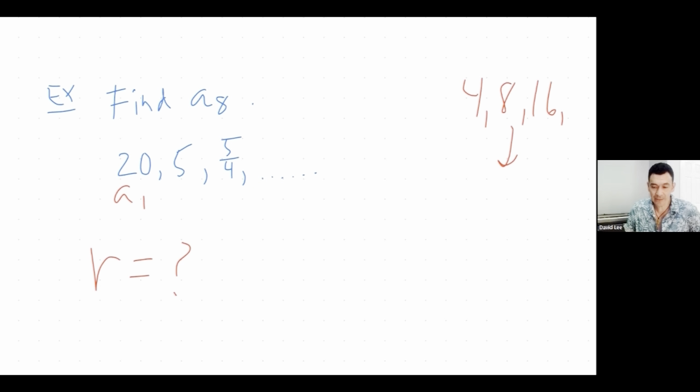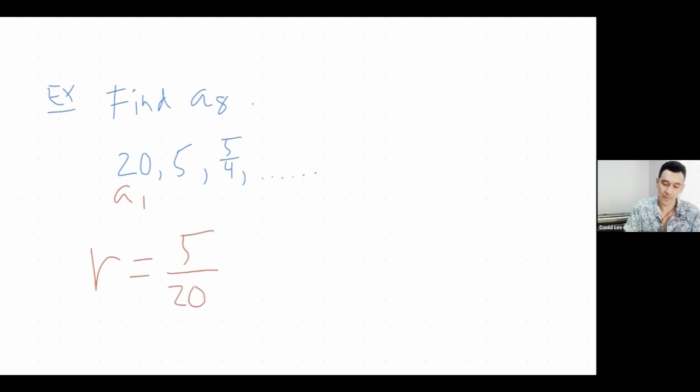So let's do that with our question here now. To find the common ratio, take any term, let's say 5, and divide it by the term behind it. So 5 over 20 reduces to 1/4. And that is how you find the common ratio. Take some term, divide it by the thing behind it. So let's finish this problem.